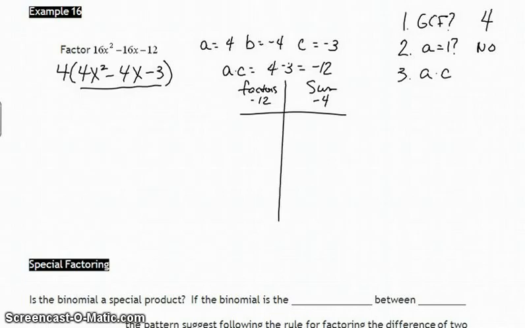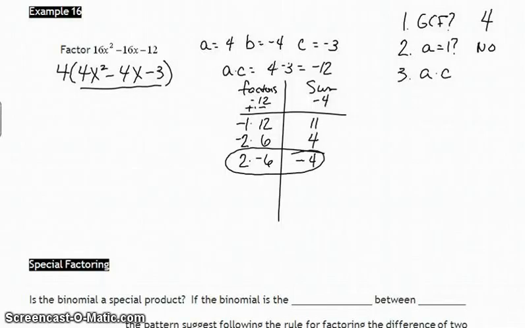In order to get a negative product, I need to have a positive times a negative. So, negative 1 times a positive 12 gives me 11. Negative 2 times a positive 6, well, that gives me a positive 4. Once I'm here, I can try positive 2 times negative 6 and get the answer.